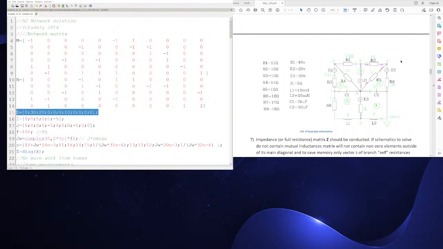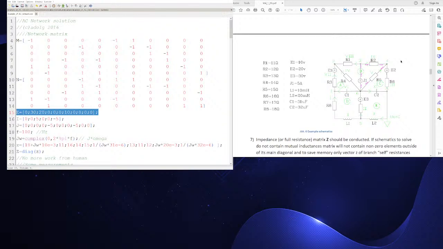If the schematic does not contain mutual inductance, the resistance matrix will have elements only on its main diagonal, and we can store only a vector of resistance.